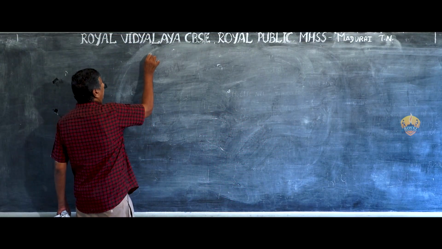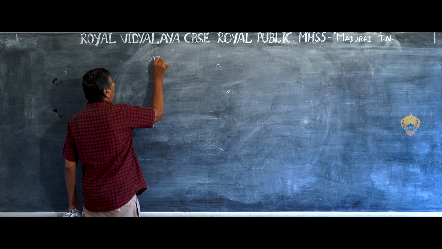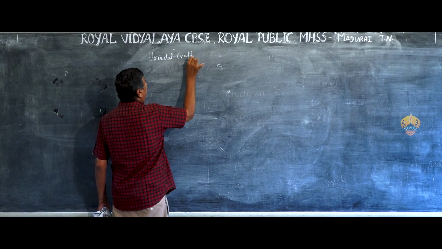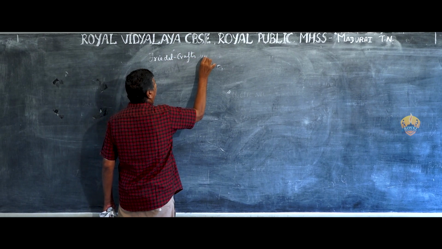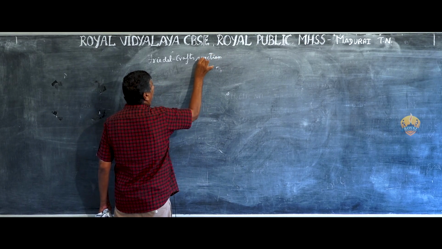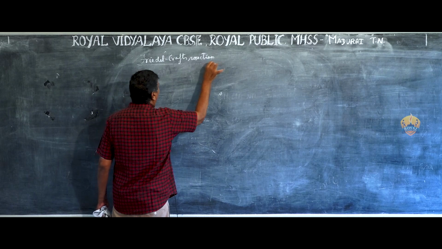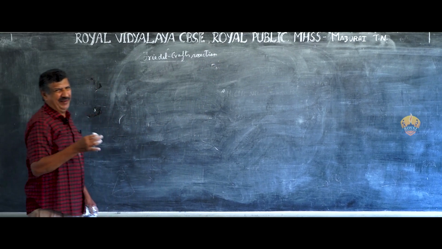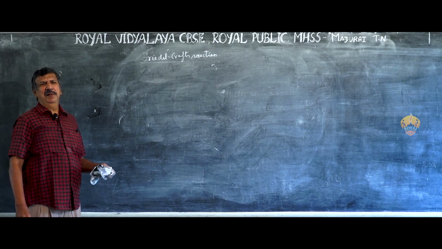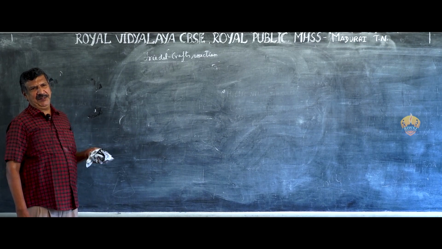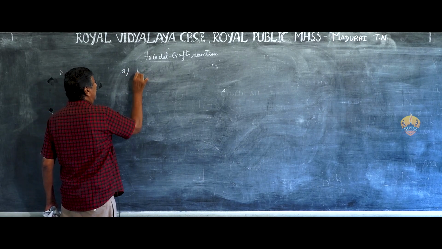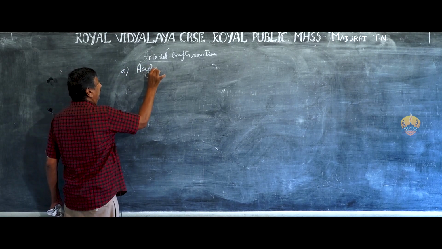Now we are going to see the next one, Friedel-Crafts reaction. If anybody asks about the Friedel-Crafts reaction, you can write any example because we have many Friedel-Crafts reactions. But here, the first one is acylation.